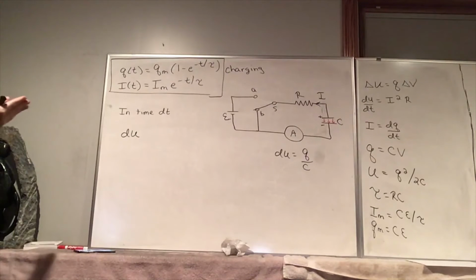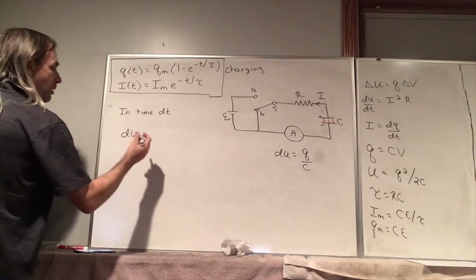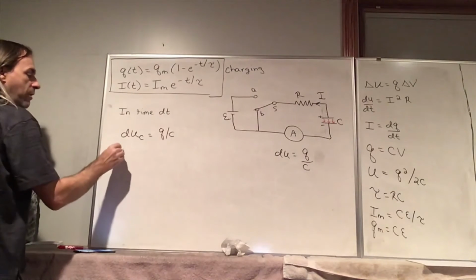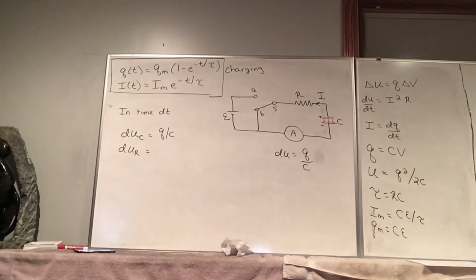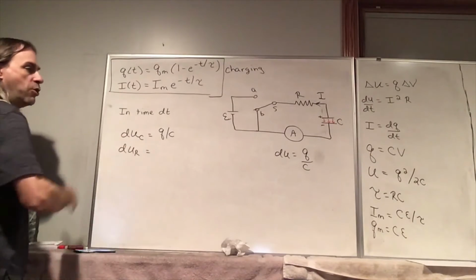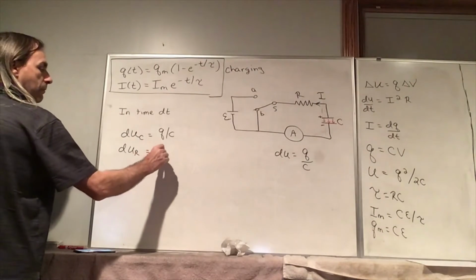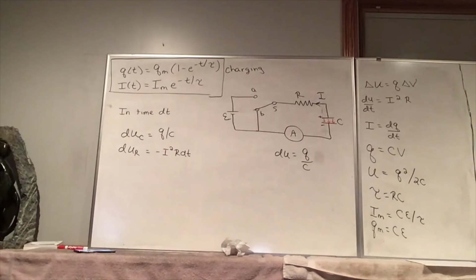And then the charge moving through the resistor, we're going to convert that. For the capacitor we have Q over C. For the resistor, we're dissipating that energy. And so dU for the resistor is going to be minus I squared R dt. And if we add these up, we have to get 0 because energy is conserved.